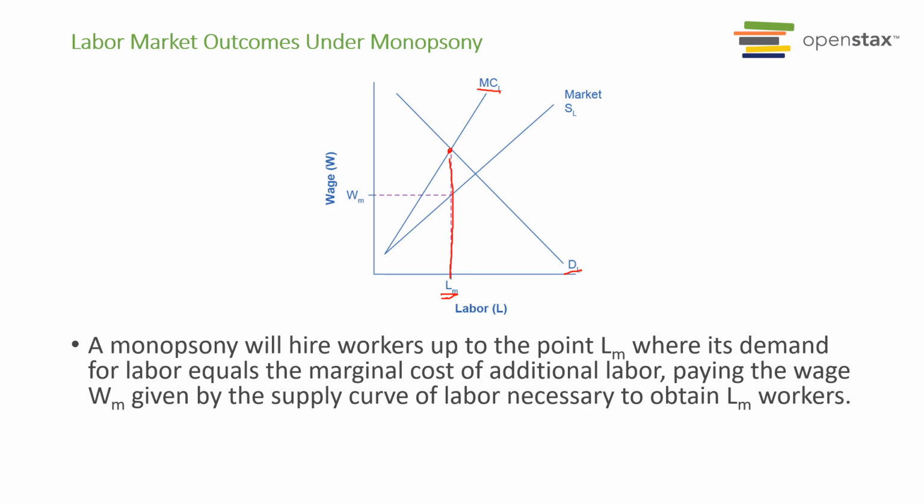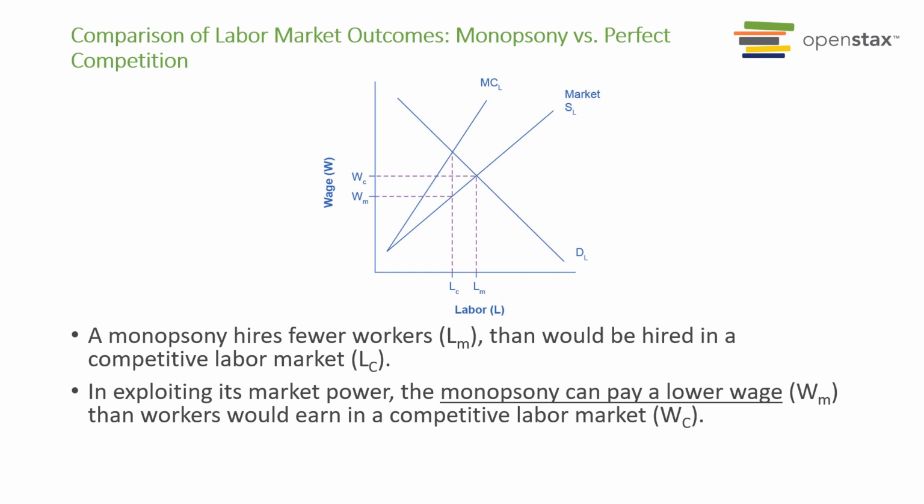Now how much the wage is going to be, that'll be on the supply curve. So the company will pay a wage at the WM level. That's a monopoly wage. Now, if you compare this to perfect competition, the wage will be paid at the intersection between the supply and demand curves. So in a competitive market, the wage is more than the wage paid by a monopoly.